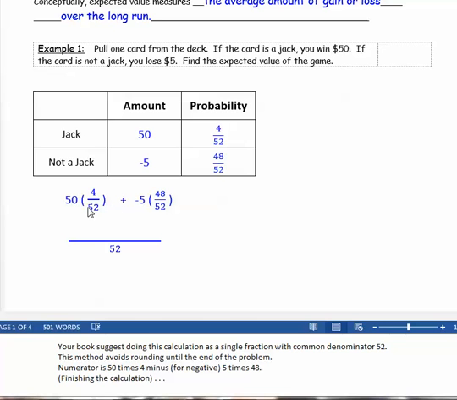So what's happening here is these denominators 52 have become this 52, and so if we take them out here, we end up with just this calculation for the numerator. So let's put those fractions back up here.